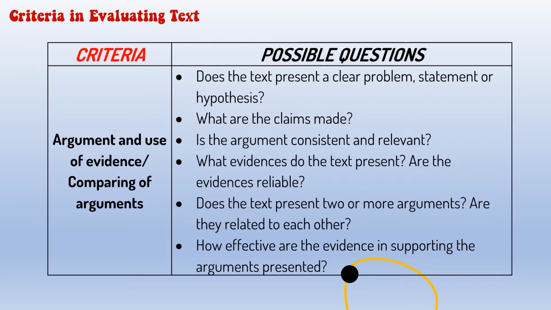Is the argument consistent and relevant? What evidences does the text present? Are the evidences reliable? Does the text present two or more arguments? Or are they related to each other? And also, how effective are the evidences in supporting the arguments presented?